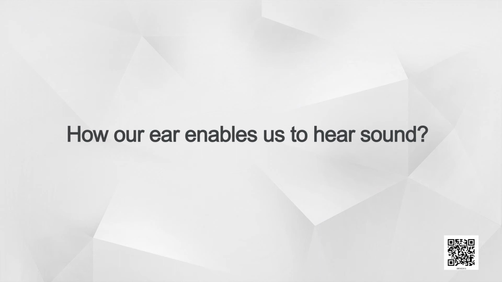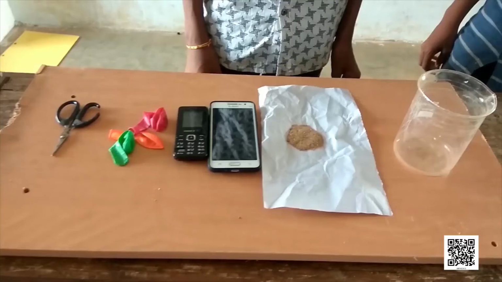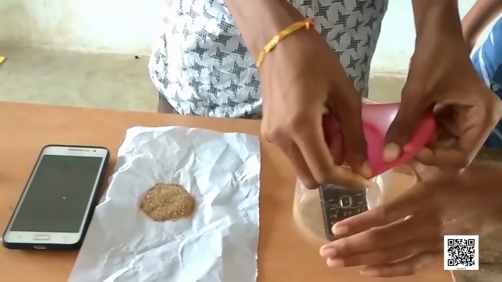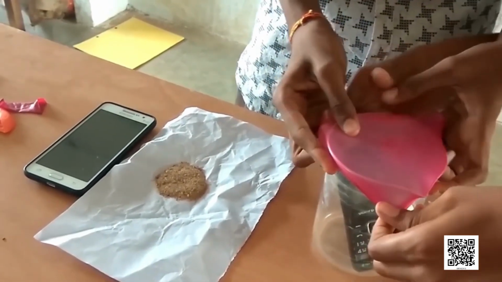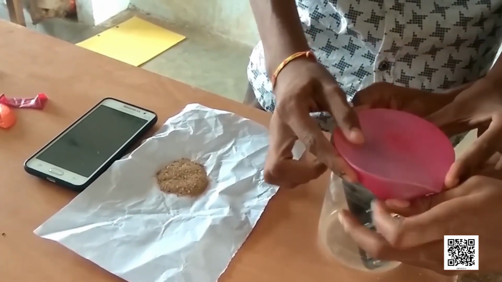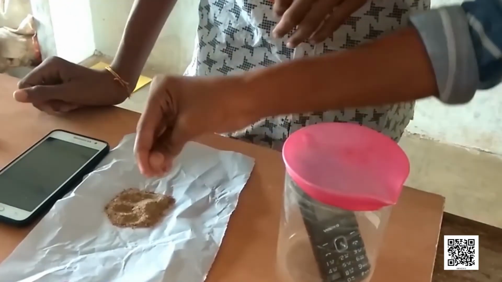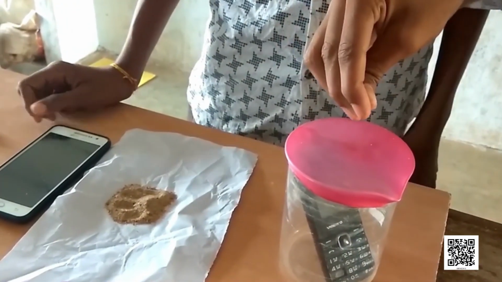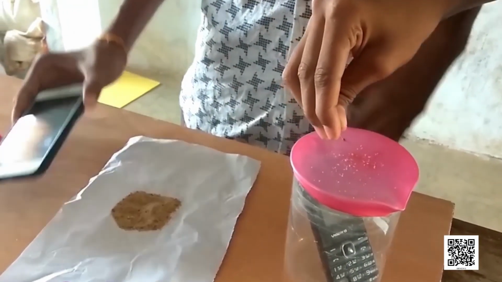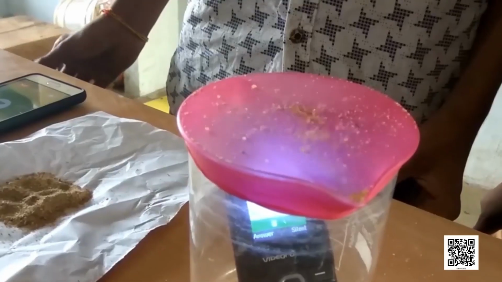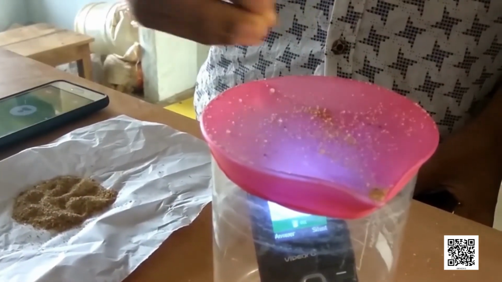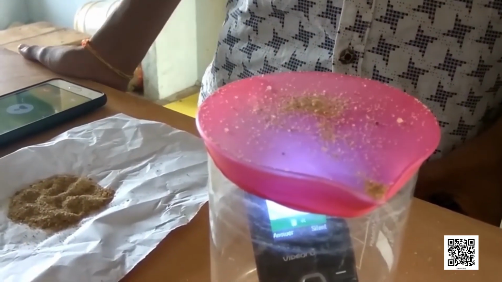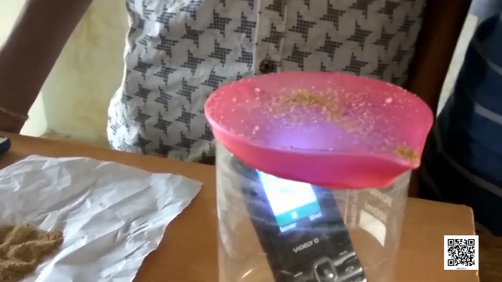Take a can and place a phone inside it. Now, stretch a piece of rubber balloon on its opening. Now, place some amount of sand on the balloon and ring the bell of the phone present inside the can. Observe the jumping or vibrations of the sand particles.